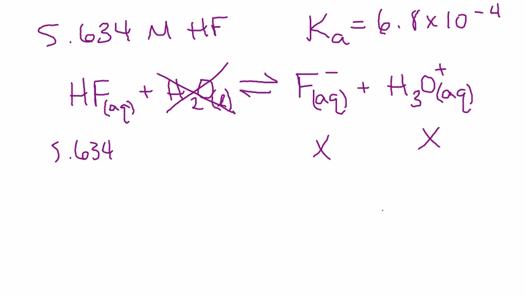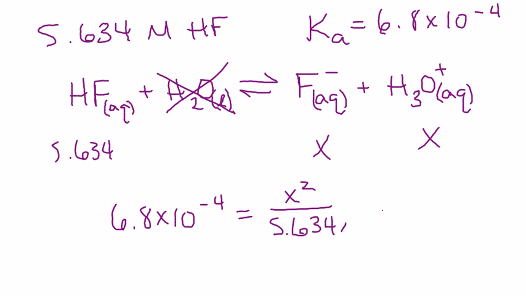We'll use our Ka, 6.8 times 10 to the minus 4 equals X squared over 5.634 molar. Again, to solve this, we're just going to multiply by 5.634.